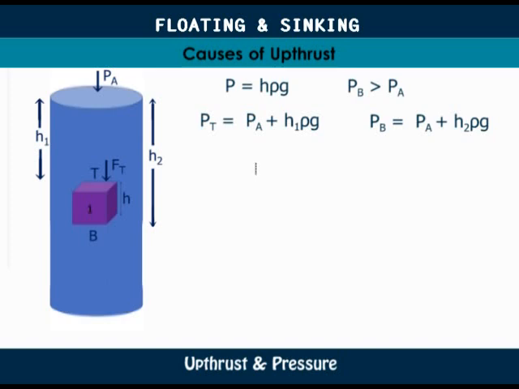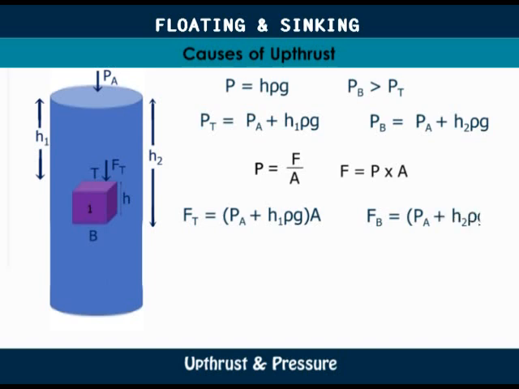We know that pressure is equal to force over area, and therefore force is equal to pressure times area. So force at the top, Ft, is equal to Pt times A, that is (PA plus H1 rho g) times A. And the force at the bottom, Fb, will be equal to (PA plus H2 rho g) times A.